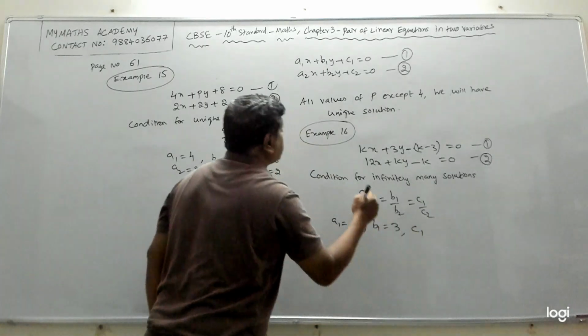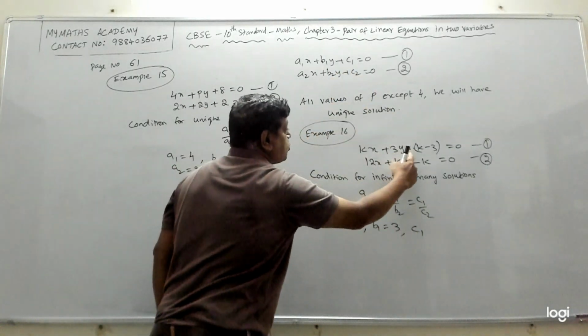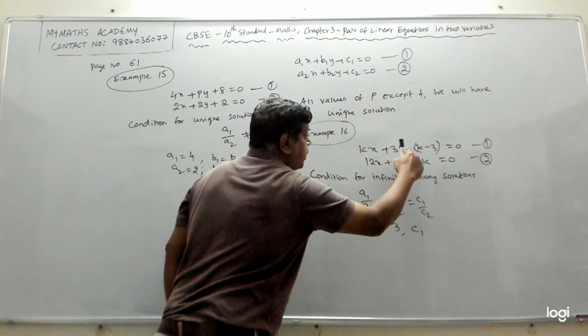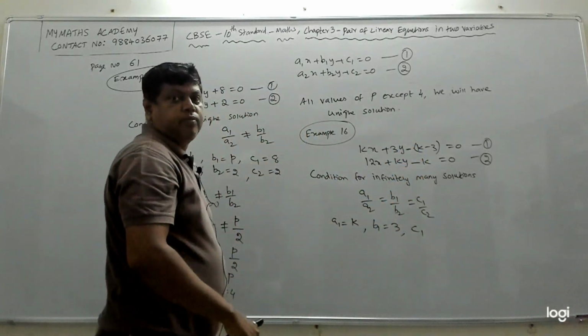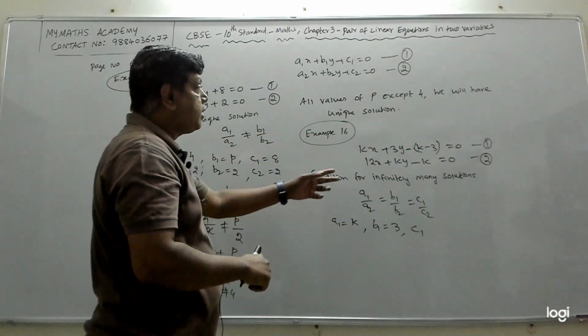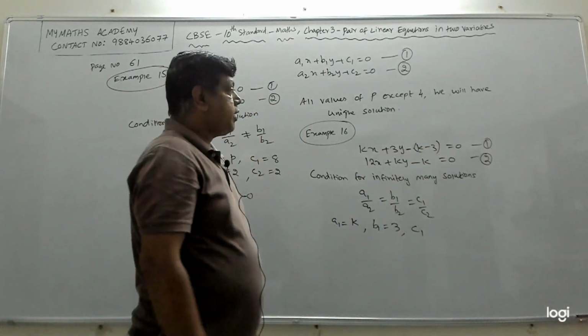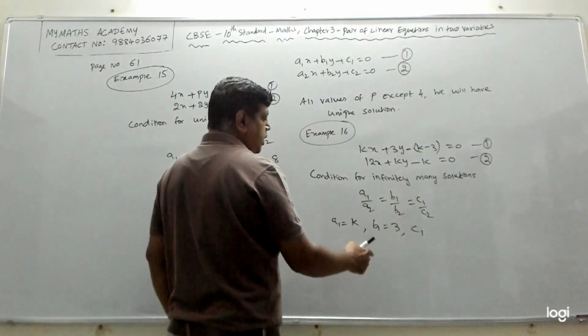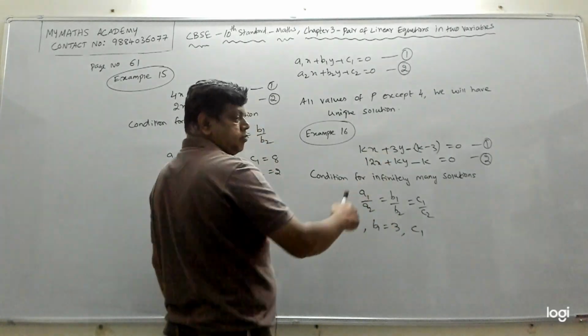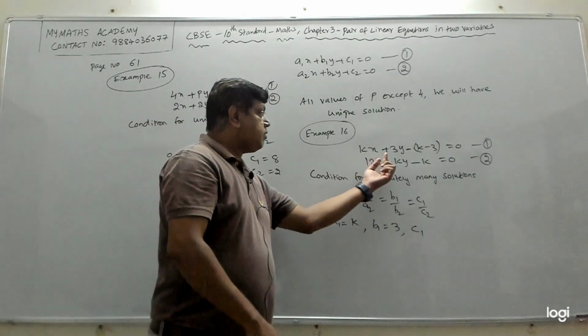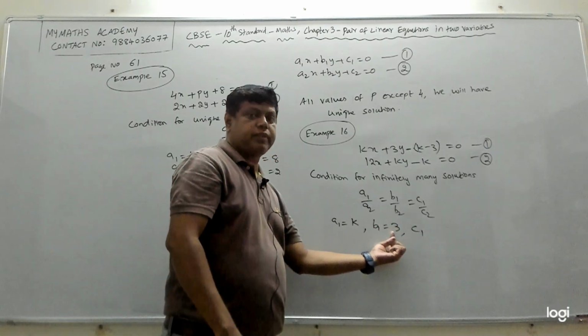What is c1? You have to be careful. Don't write k minus 3. You have to take it along with the sign, or else we will make a mistake. If you write c1 as k minus 3, it's wrong. Here I'm writing 3 because it is plus 3. If it was minus 3, I would have put minus 3 here.